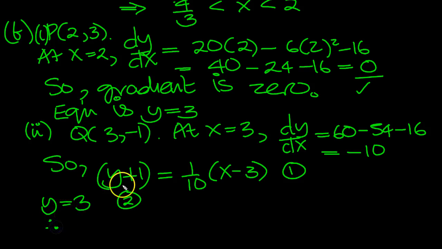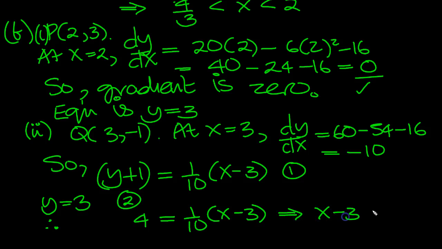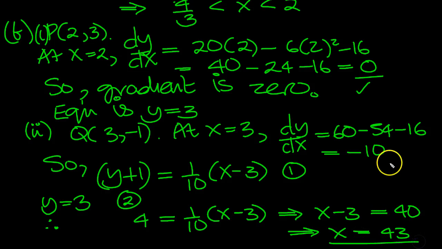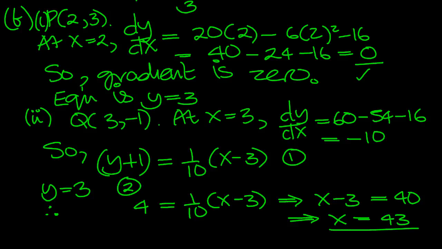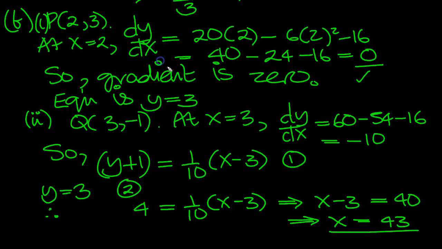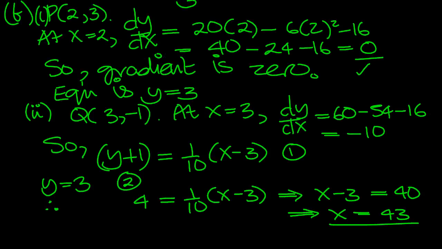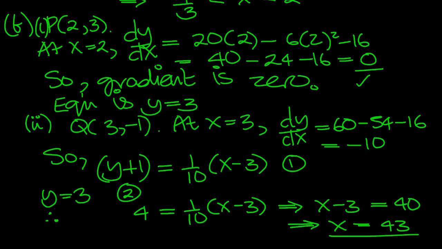Therefore then, put the y equals 3 in. 3 plus 1 is 4, is equal to 1 over 10 times x minus 3. So x minus 3 then, reading from right to left. Move the 10 up, 10 fours are 40. So x equals 43. Move the 3 across, 43. Okay, x equals 43 then.